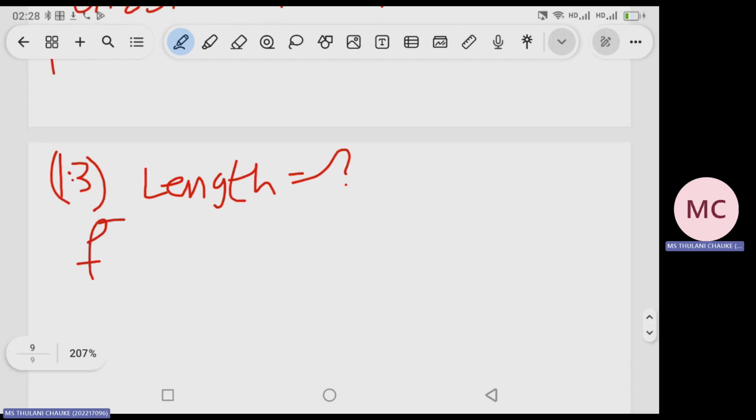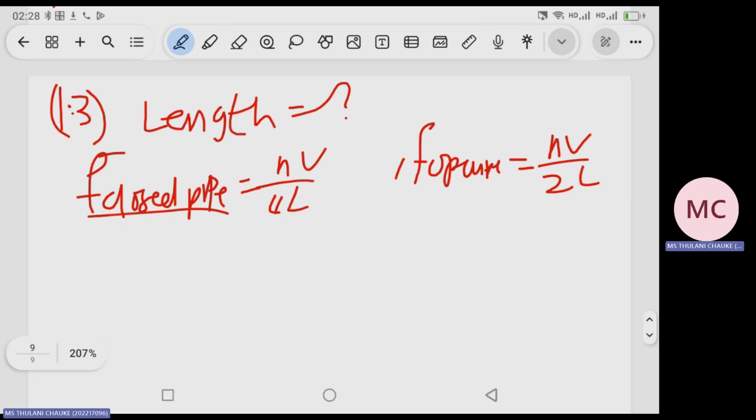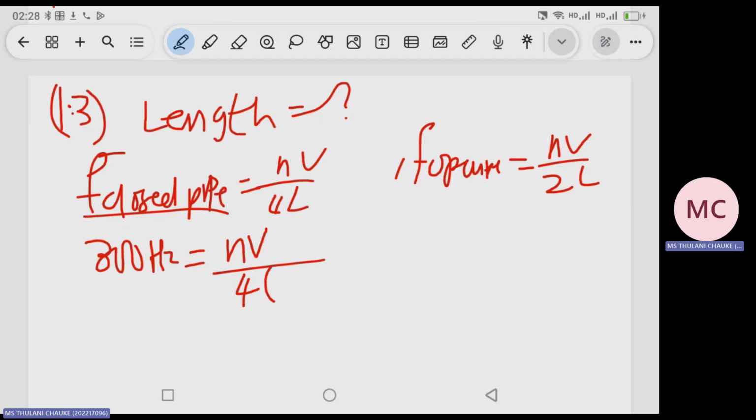So firstly, you have to know the equations for the frequency on a closed pipe and the frequency on an open pipe. This one is NV over 2L. This one is NV over 4L. So the frequency of the closed pipe was 300 Hz. It was given. Then the length is what we're looking for actually.